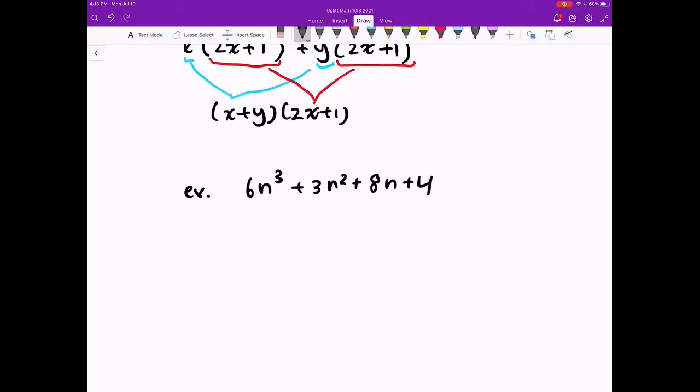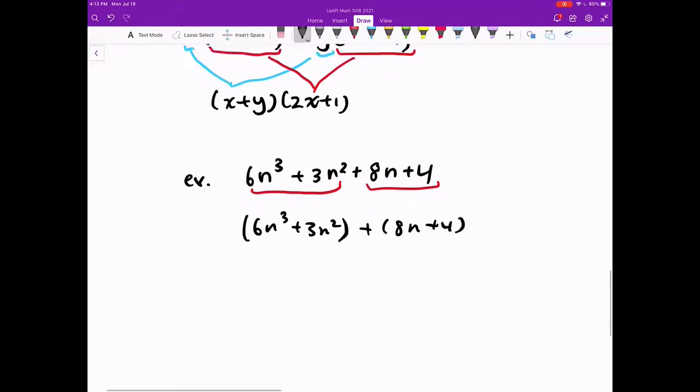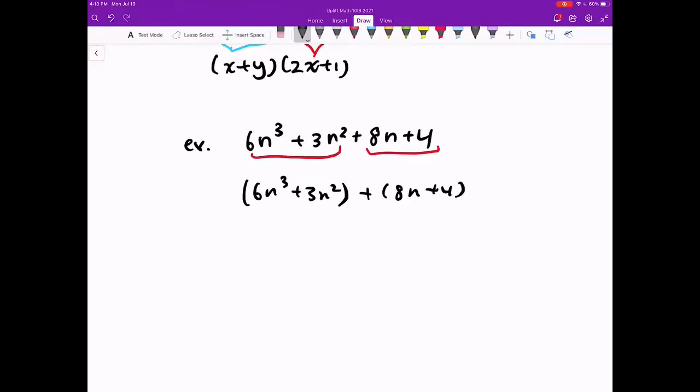Yeah, that's right. Okay, so we can start doing this. We'll just group the first two and the last two, because usually in a descending power, this is how it goes. So 6n cubed plus 3n squared plus 8n plus 4. The GCF of the first expression is 3n squared.